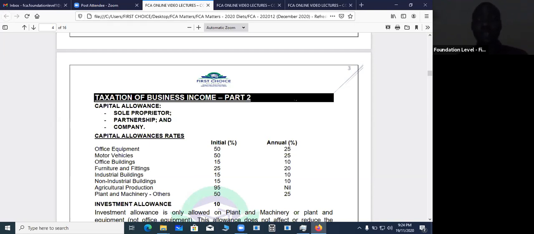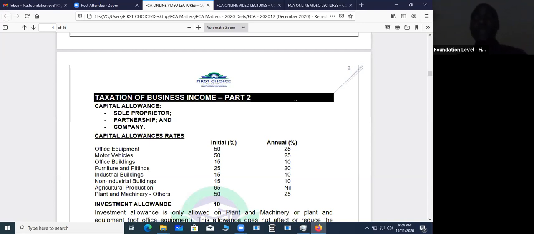In the exam, if you are asked to compute capital allowance, any question like that is a big time waster. So what I will advise, if it is coming out in the essay part, just do the bits you can within the time you have allotted for it. Don't bother trying to do everything.